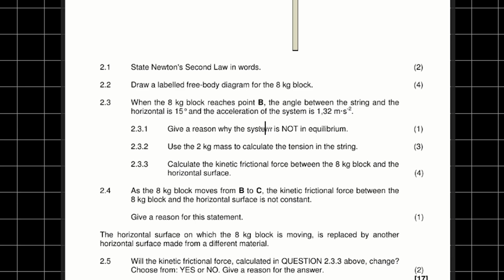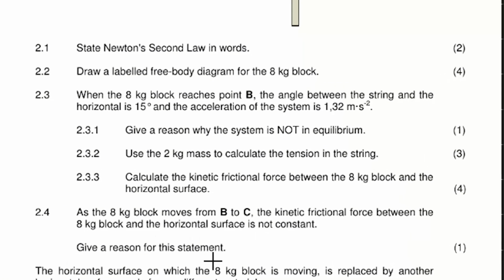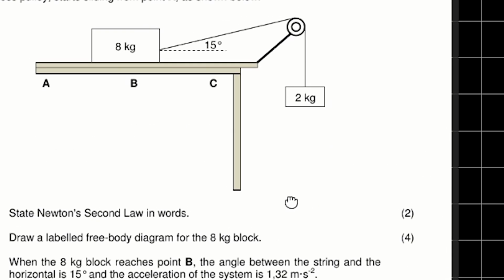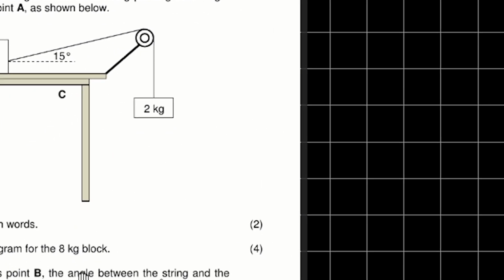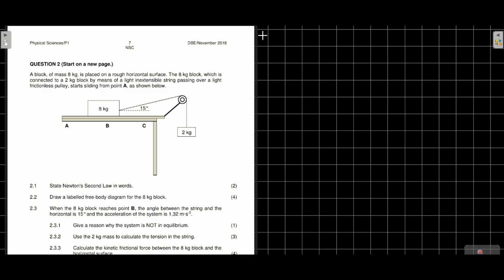Let's go to 2.2, which states draw a labeled free body diagram for the 8 kg block. So what forces are acting on the 8 kg block? Let's explore that.